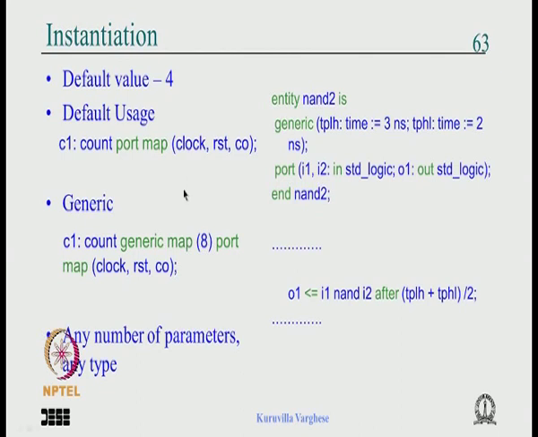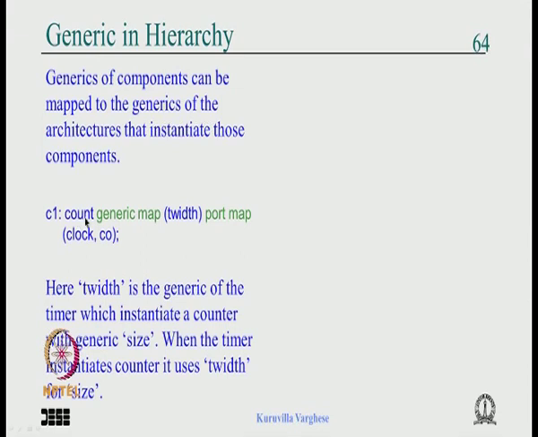So you can say count generic map T width, which is nothing but the generic of the timer which instantiates this counter. So essentially the generic can be passed down hierarchically through the components. That's the meaning of it. I hope I have made it clear, because to show an example I would have to write so much code. With this much discussion, most probably it is clear in your mind.